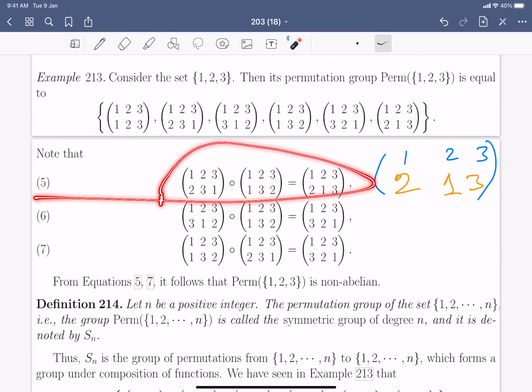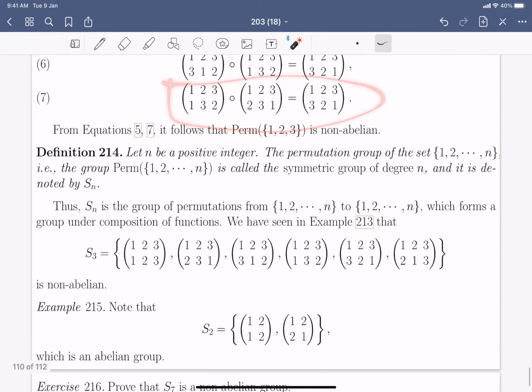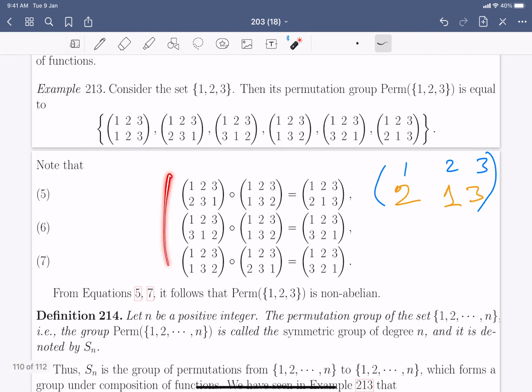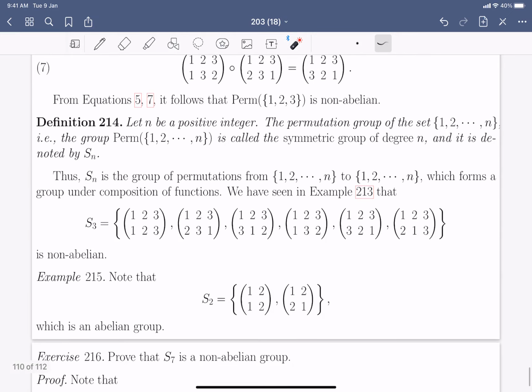So the idea of establishing that S7 is a non-abelian group has been borrowed from what we have already seen in the context of the group S3.